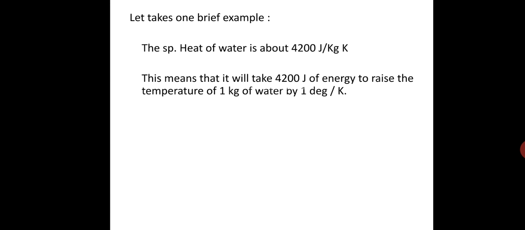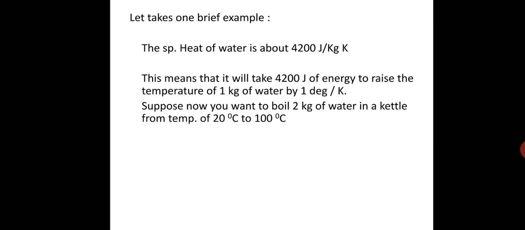Now, let's take one brief example. The specific heat of water is about 4200 joule per kg Kelvin. This means that it will take 4200 joules of energy to raise the temperature of 1 kg of water by 1 degree Kelvin.